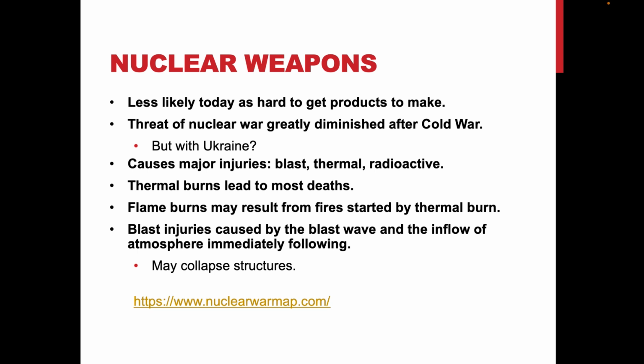The blast injuries can follow that blast wave and the inflow of the atmosphere immediately following that may subsequently collapse structures. When dealing with nuclear weapons, at this point, it would be a federal incident, and so you're going to be getting additional support from federal agencies and better direction on where and how to respond.